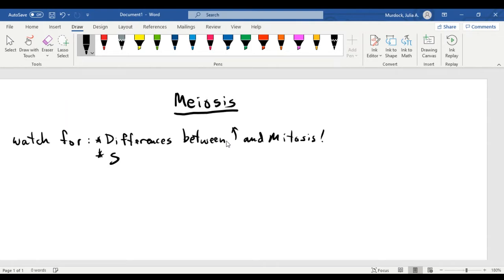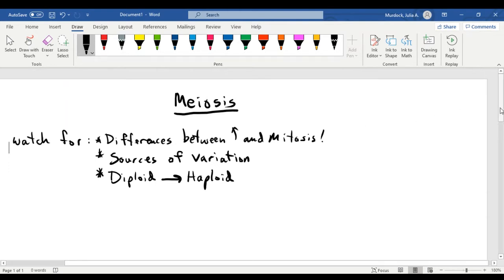Watch for places where there are sources of variation, where genes are being shuffled. Watch for that. And watch for at what point the cells go from being diploid to being haploid. So watch for that. Okay.